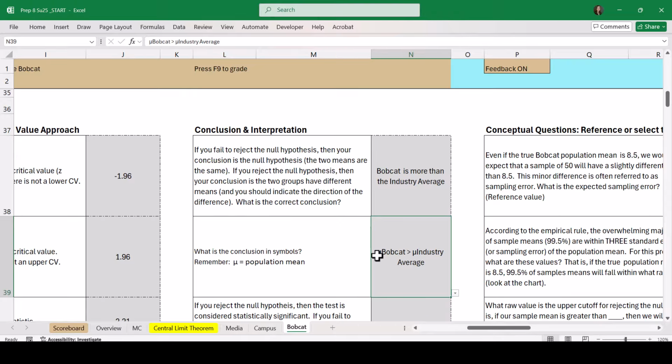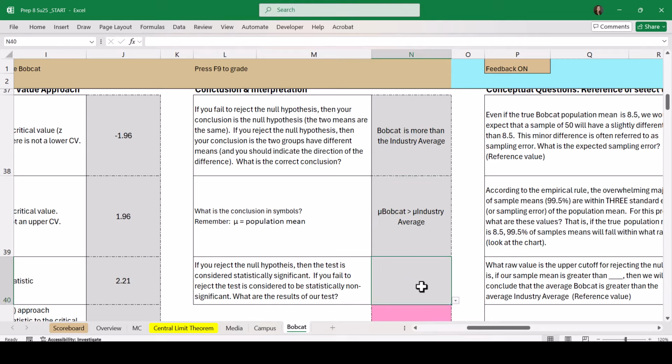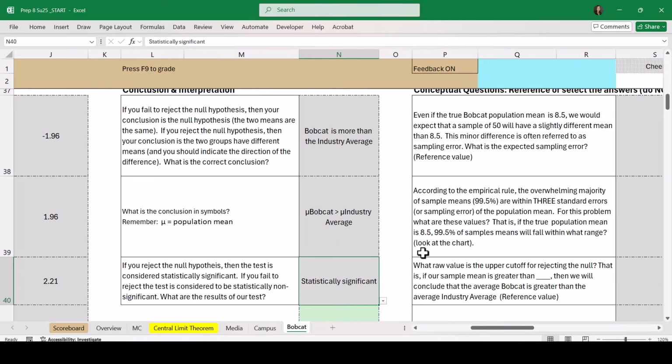And again, this applies to the population mean for Bobcats. Even though we only sampled 50 customers, the test is telling us that we can generalize that conclusion to all of Bobcat's customers, so their entire customer average. And since we rejected the null hypothesis, we would say that our test is statistically significant.